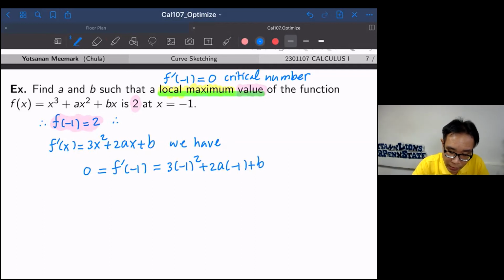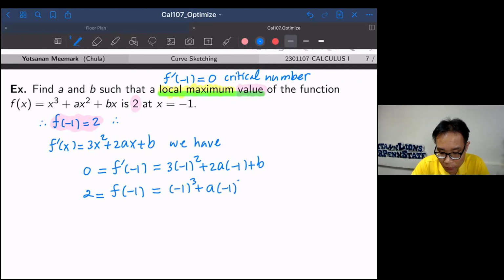And you have f(-1) equal to 2, so this turns out to be (-1) cubed plus a times (-1) squared plus b times (-1).